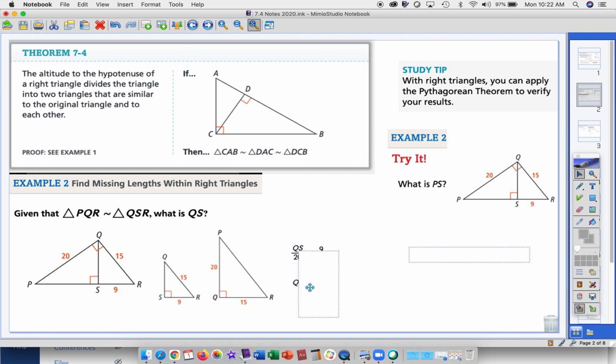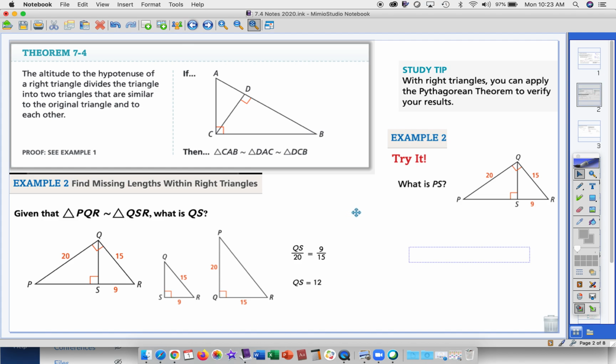So we can set up a proportion that QS, which is the long leg, corresponds to the long leg PQ. And that's equal to the same ratio as SR over QR. And then that will allow us to solve for QS by cross multiplying.